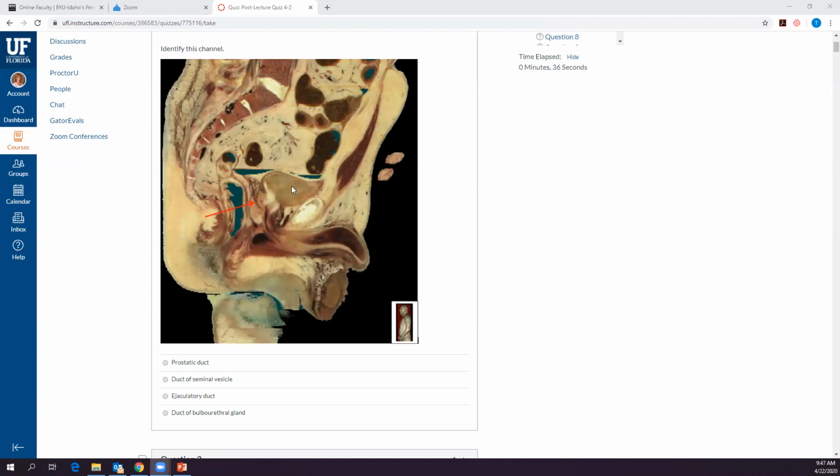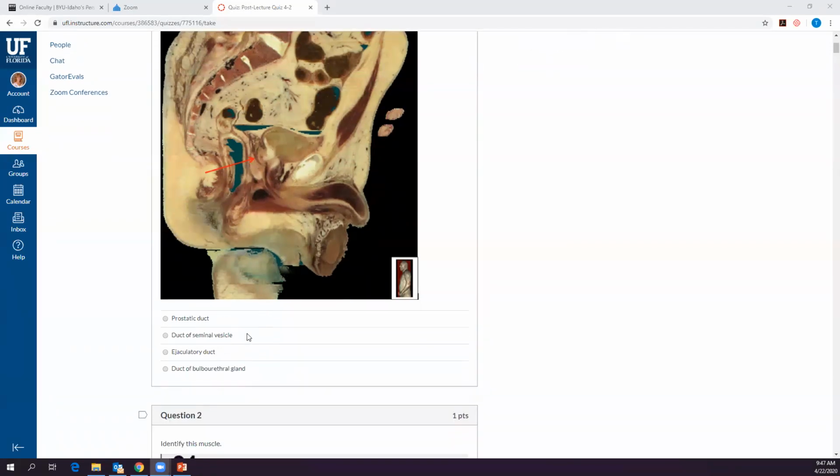Here is the bladder. Here is the pubic bone. Here is the prostate gland. So do we have any idea what that little tube thing is? Anybody want to weigh in on that? Your choices are: prostatic duct, duct of the seminal vesicle, ejaculatory duct, duct of the bulbourethral gland. Duct of the seminal vesicle? Nope. Duct of the bulbourethral gland? Nope.